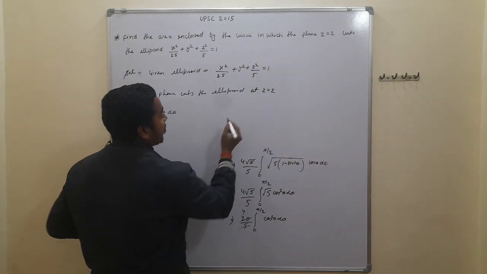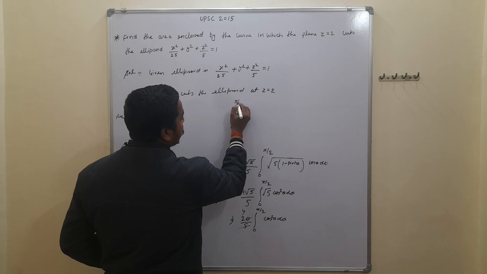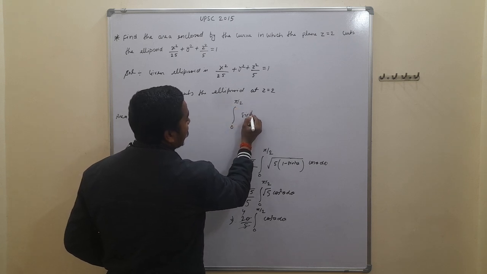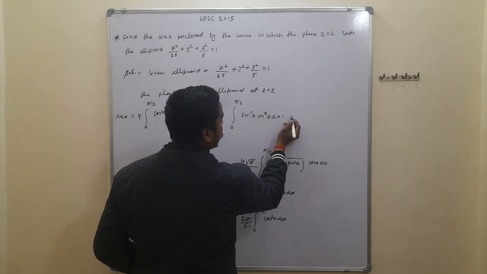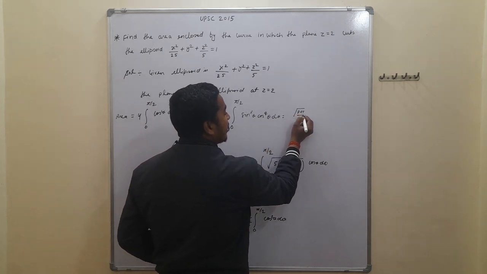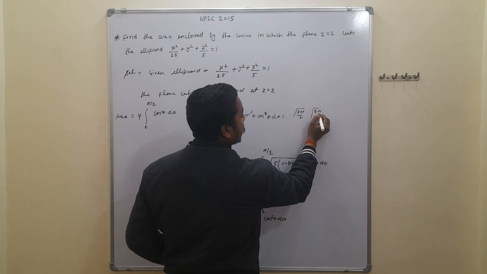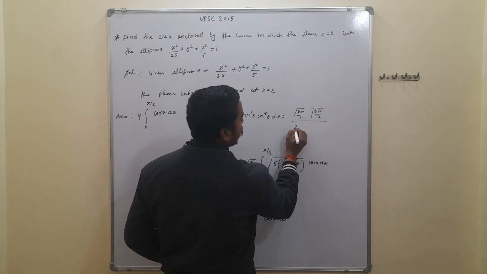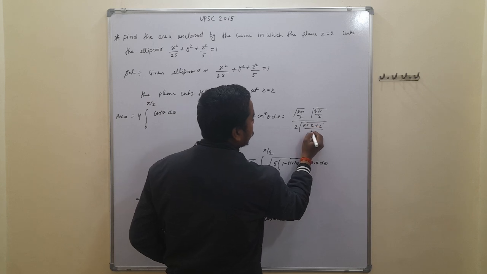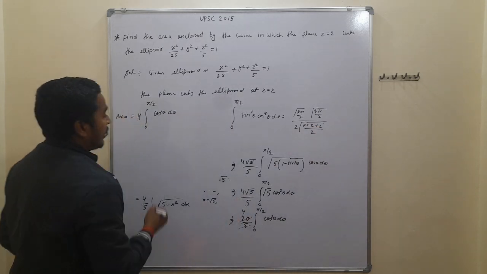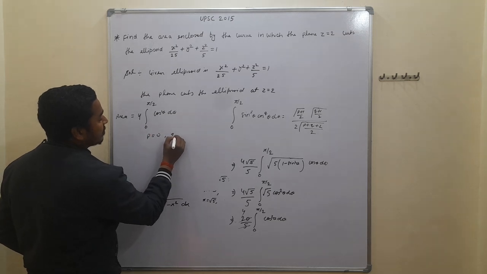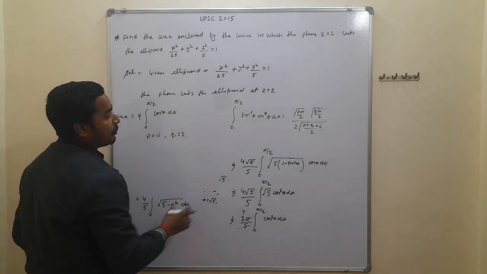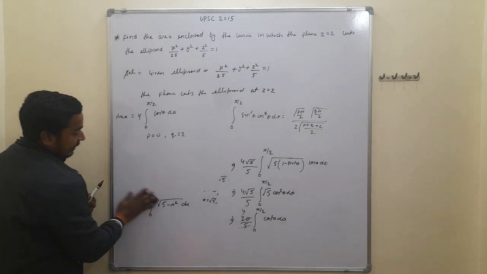This is given by the integral from 0 to pi by 2 of sin to the power p theta cos to the power q theta d theta is equal to gamma of (p plus 1) by 2 and gamma of (q plus 1) by 2, upon 2 gamma of (p plus q plus 2) by 2. Here p is 0 on comparing, and q is 2. So we put in the formula once again.